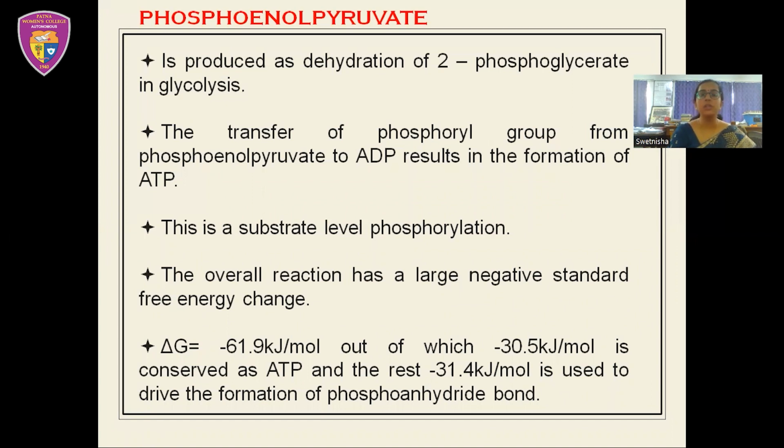Out of this total amount of energy released, 30.5 kilojoule per mole is conserved as ATP, that is, 30.5 kilojoule per mole energy is used for formation of ATP, and the remaining 31.4 kilojoule per mole can be used for formation of the phosphoanhydride bond. So this is a very high energy rich molecule, and the breaking of the phosphoryl group from phosphoenol pyruvate results in a very high negative standard free energy change.